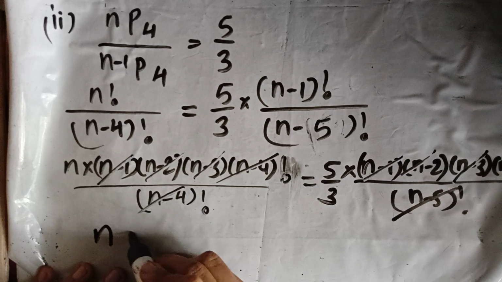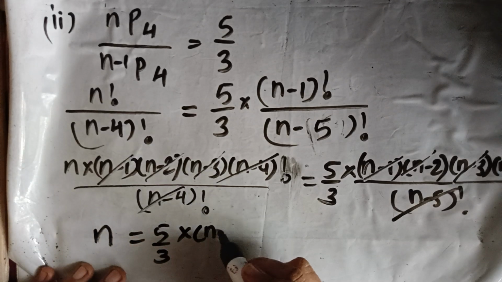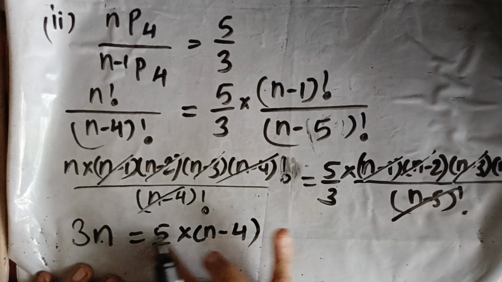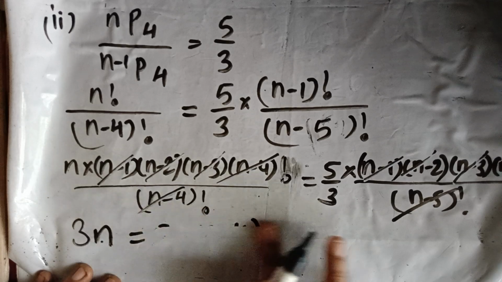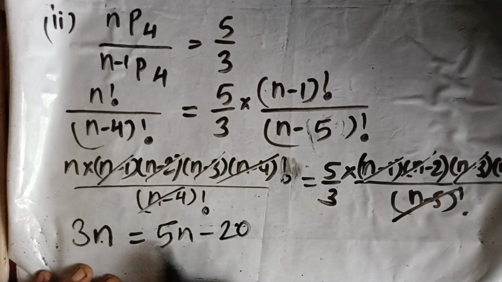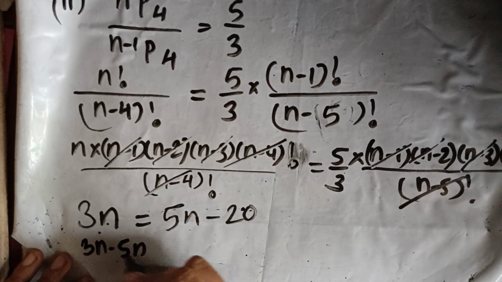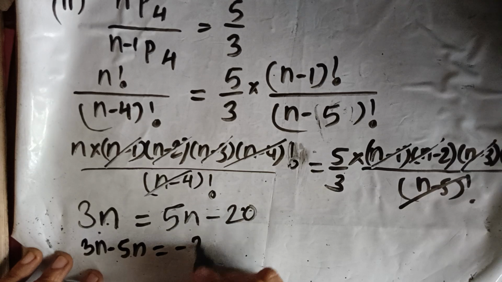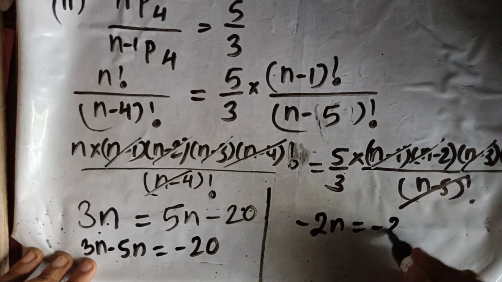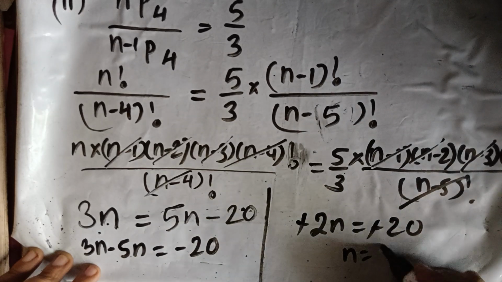So n remains here, and here it is 5 by 3 into n minus 4. 3 you can take here, 5 you multiply, 5n minus 20, 5n you can take here, so this will be 3n minus 5n equal to minus 20. So minus 2n equal to minus 20. So n is equal to 20 upon 2, which is 10.